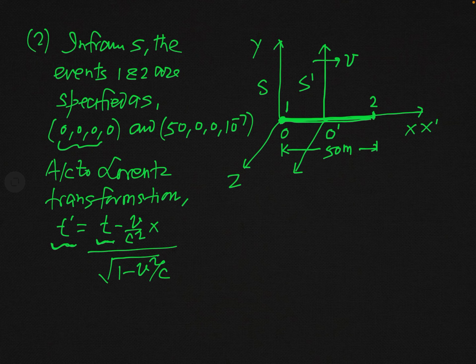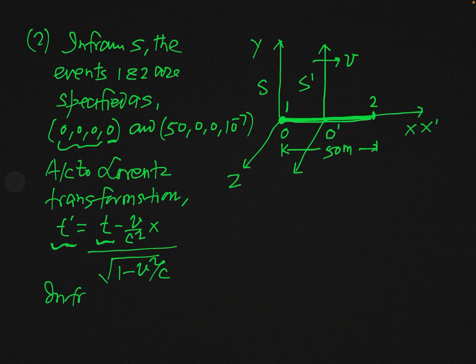You can see that in frame S the time of taking place of the first event is 0. So corresponding to this 0 time we will now calculate the time of taking place of event number 1 with respect to the frame S prime.